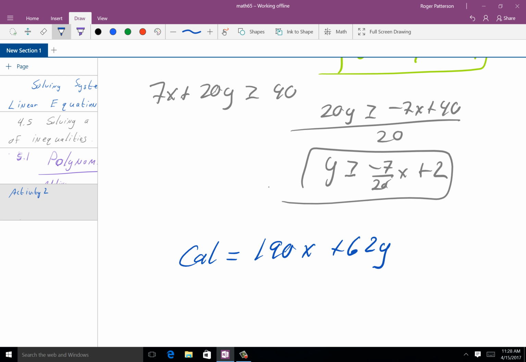Now what I'm going to do, and I don't want you to do this, I just kind of want you to watch what I'm going to do up here. I'm going to put in what is called a slider to give you an idea of what we're looking at here. Y equals, let's see, y equals parentheses c minus 190x divided by 62.